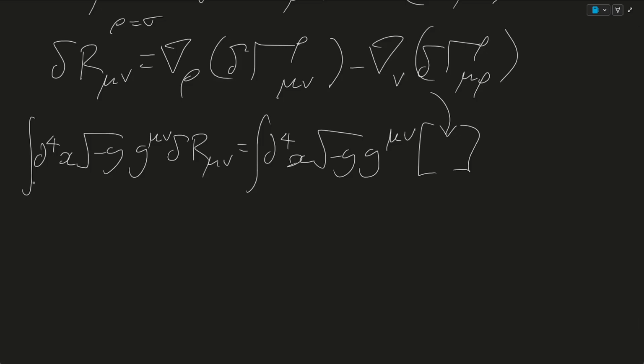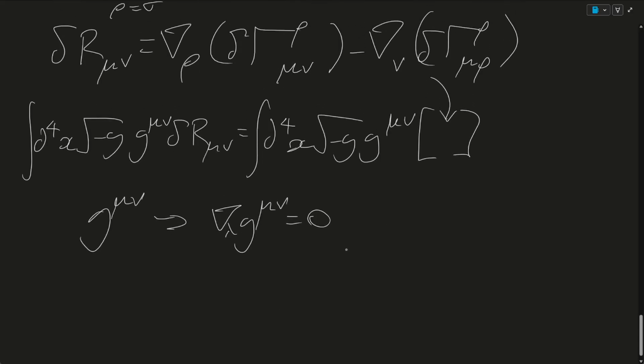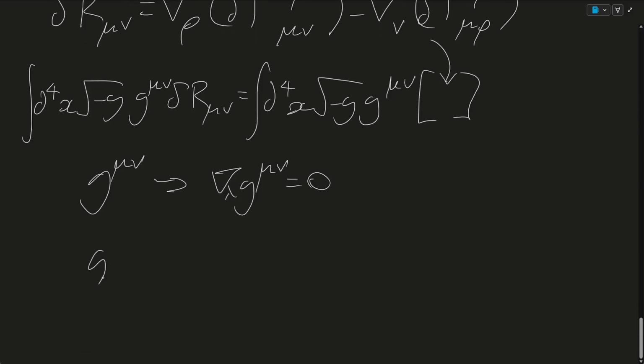Right, we can do a connection here. If we know that g mu nu is compatible, I don't know if that's the right symbol for compatibility, but that'll do. With the connection, del sub lambda of g to the mu nu is equal to 0. Then we can move it inside the covariant derivative. So g mu nu, wrong way around, delta.